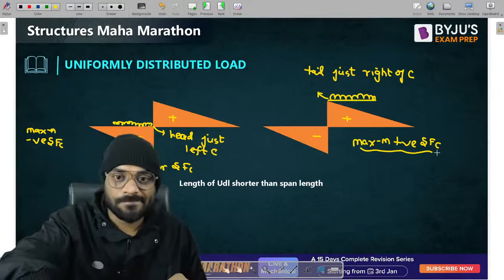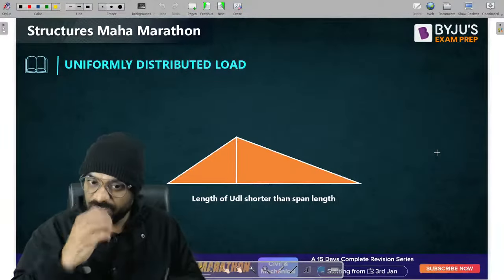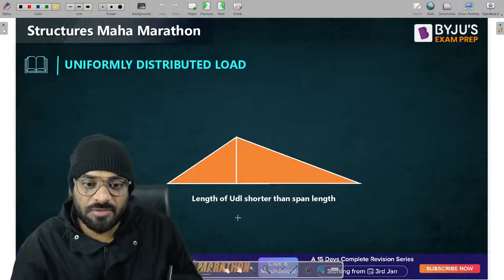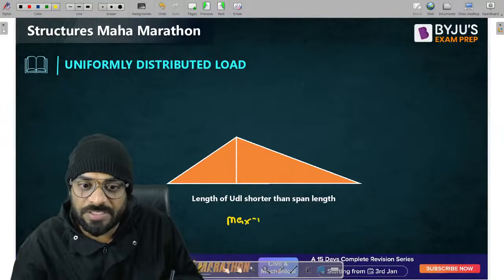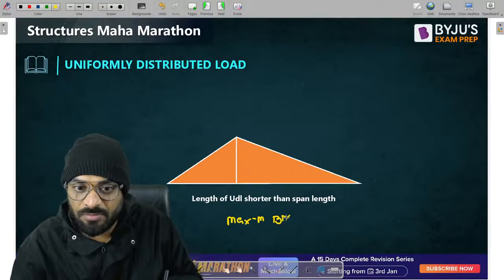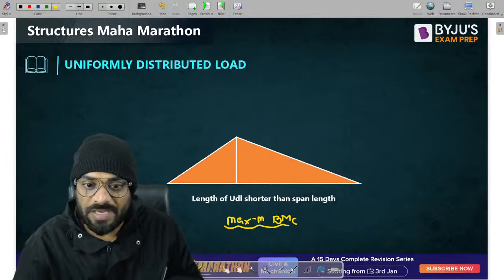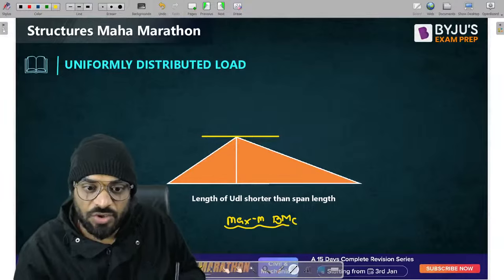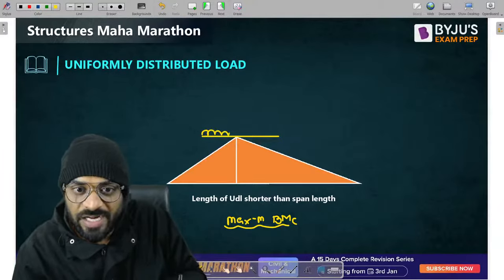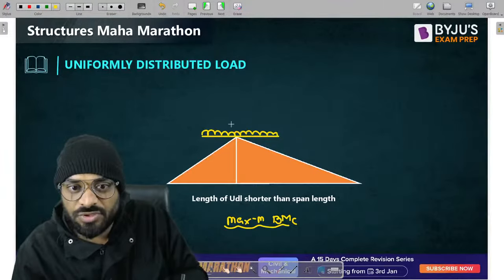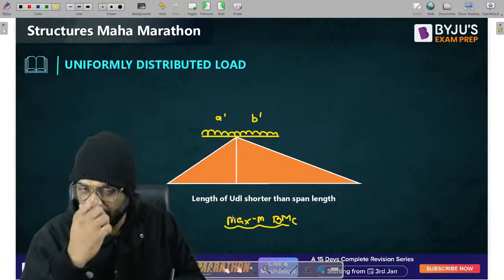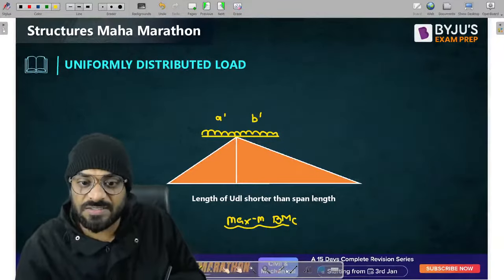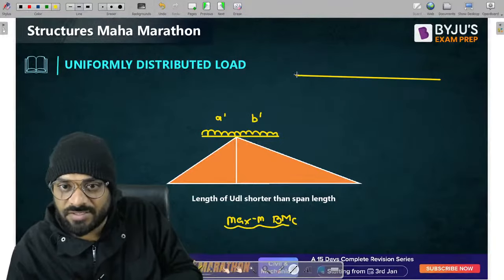Okay. Next one, let us suppose we have maximum bending moment at C. For maximum bending moment at C, what you have to do, guys, is put the UDL in such a manner that the length of the UDL gets divided in the same proportion as the section C divides the structure.